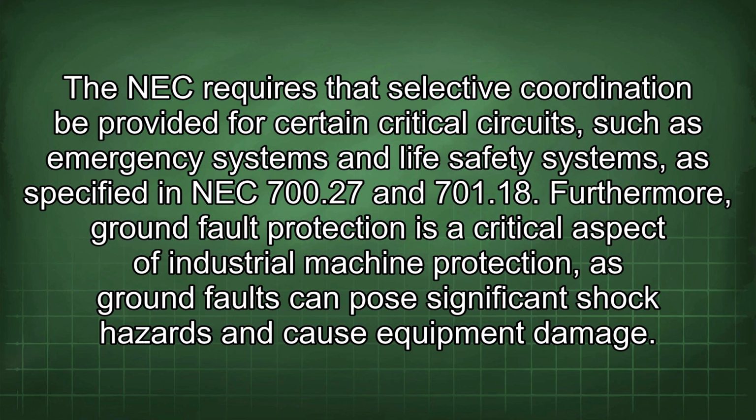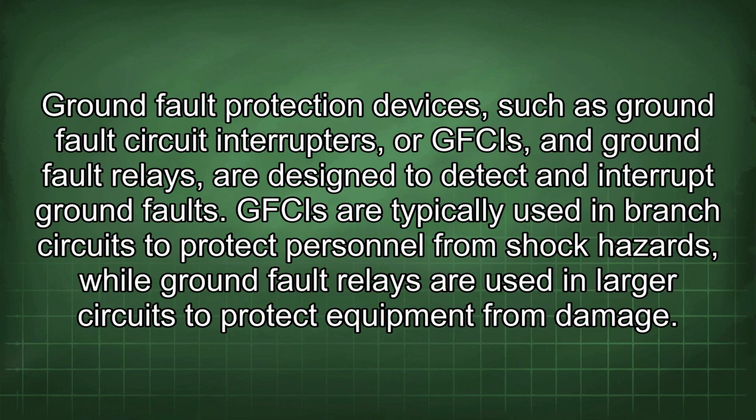Furthermore, ground fault protection is a critical aspect of industrial machine protection, as ground faults can pose significant shock hazards and cause equipment damage. Ground fault protection devices, such as ground fault circuit interrupters, or GFCIs, and ground fault relays, are designed to detect and interrupt ground faults.